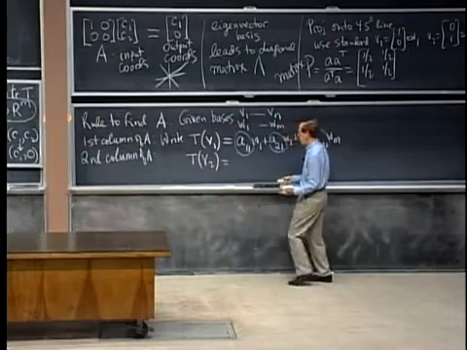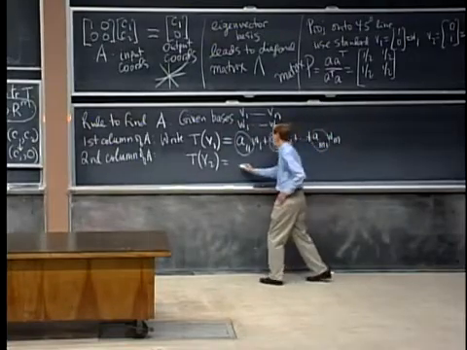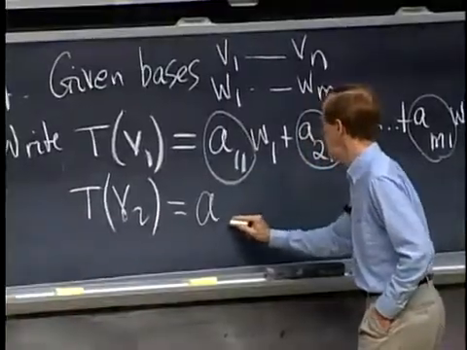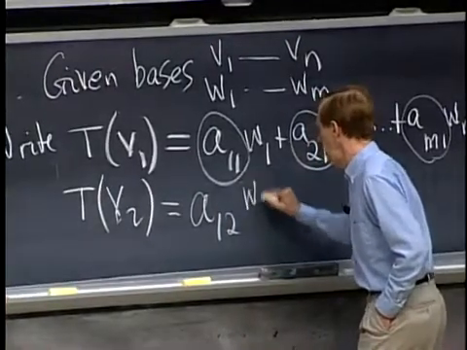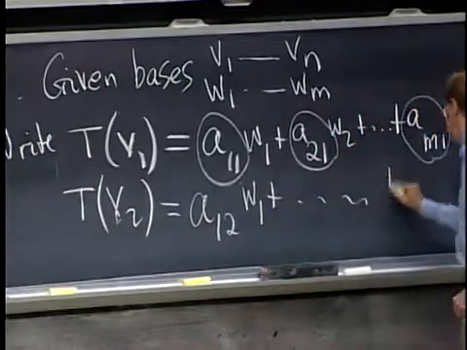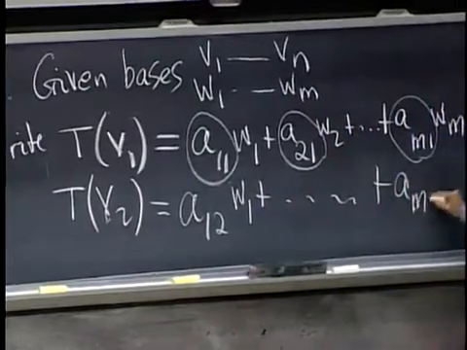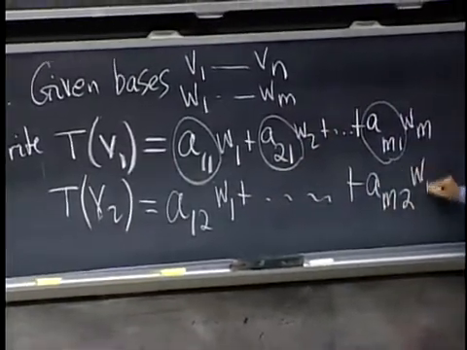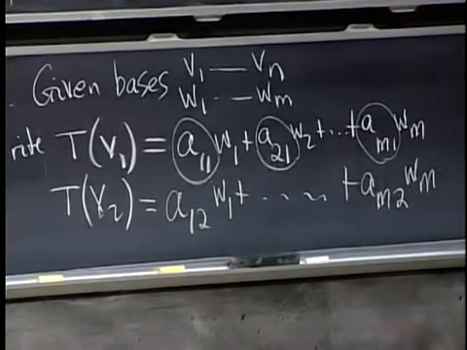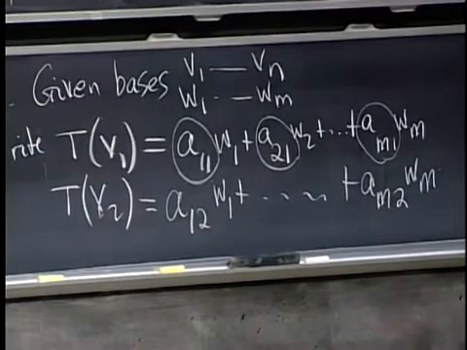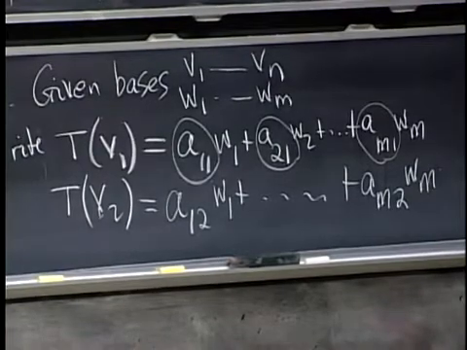Now I got an output, so it's some combination in the output basis, and that combination is the bunch of numbers that should go in the second column of the matrix. Okay. And so forth. So I get a matrix, and the matrix I get does the right job.